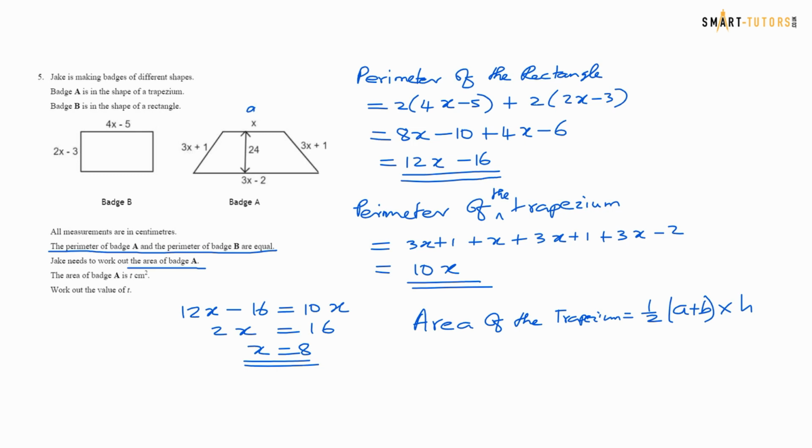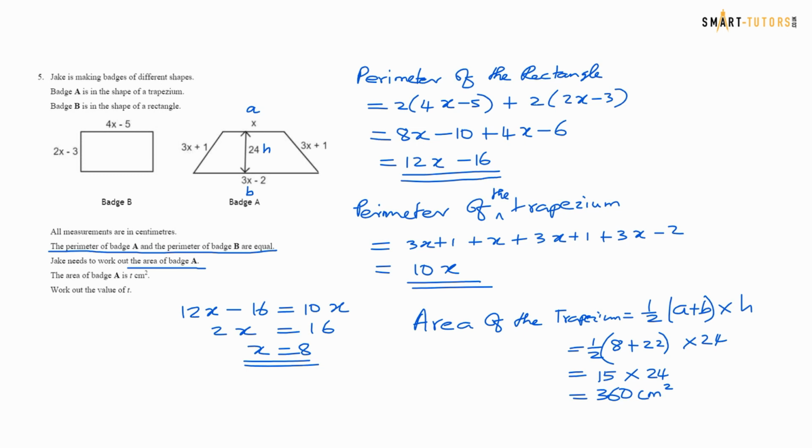A and B are the parallel sides, and the height is given, 24. So half of x, which is 8, plus 8 times 3 is 24, that's 32, times 24. So the answer is 360 centimeters squared.